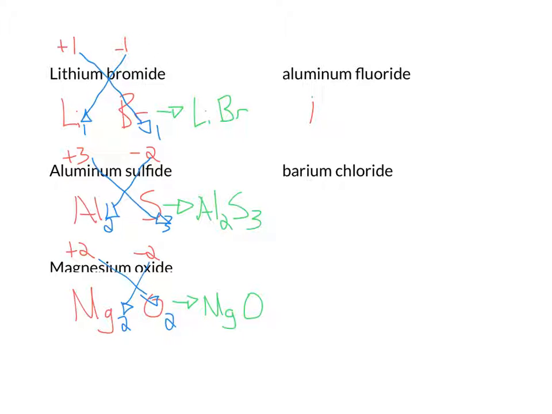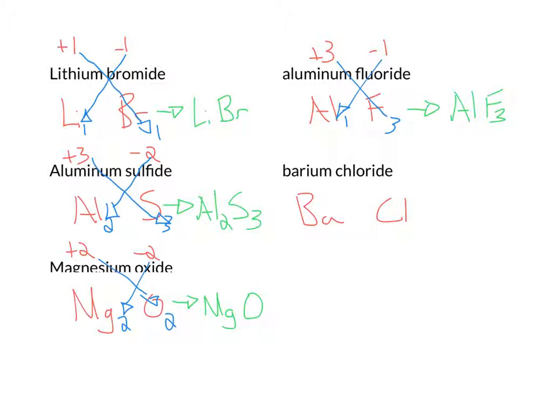Aluminum fluoride, we have aluminum and fluorine. Oops, forgot the L. Aluminum we already identified had a charge of +3. Fluorine is in 7A, so it's got a charge of -1. We're going to crisscross 1 and 3, and our new formula is going to be AlF3. Barium and chlorine, BaCl.